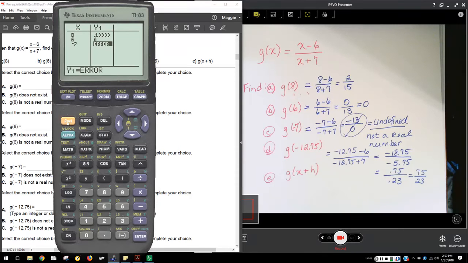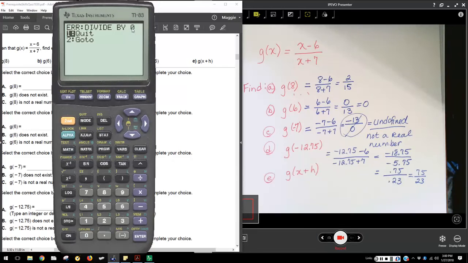But if I need some help from my calculator, if I go back to my home screen and I say vars, yvars, function, y1, remember what's in y1 is that expression. So if I put in parentheses after that expression negative 7 and hit enter, it tells me the error was because I was trying to divide by 0.